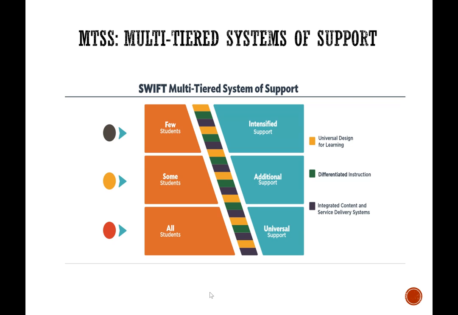So in this graphic, it's saying and making very clear, all students get Tier 1 first, and then some students will get additional support, and a few students will get intensified support. Again, I know we're talking about grading, and you may wonder why we're talking about multi-tiered systems of support, but the bottom line of it is that effective Tier 1 instruction is what guides the what of our grading systems.